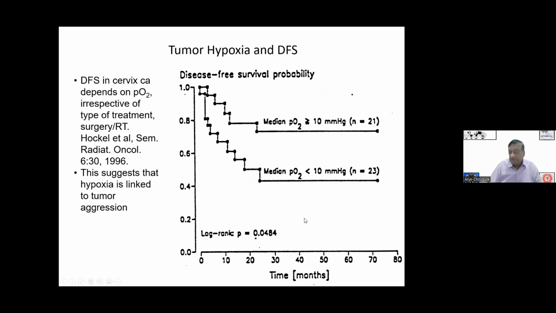Again, for 5 or 7 years disease-free survival, if the oxygen supply is more than 10 mm of Hg, you can see almost about 75% tumor control probability at the end of 6 or 7 years. But if the oxygen supply is less than 10 mm Hg, it's almost 40%.